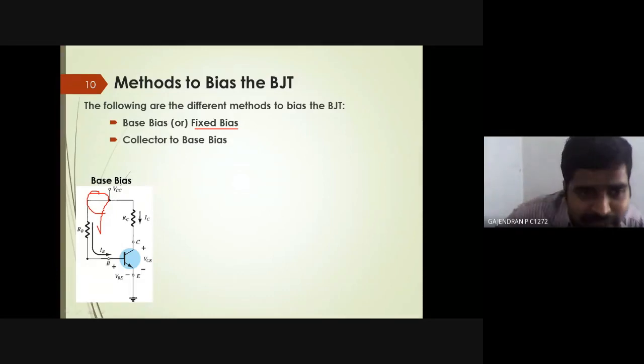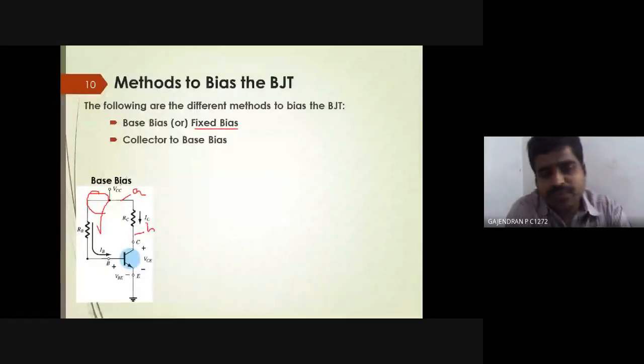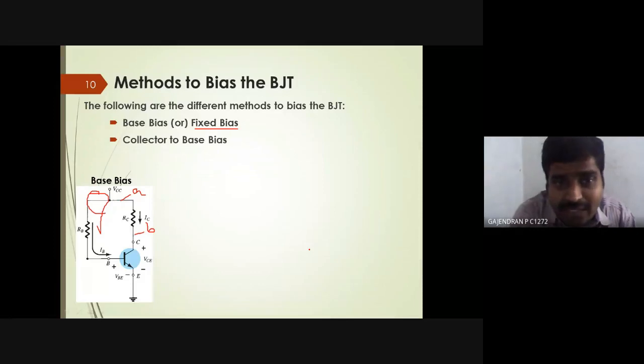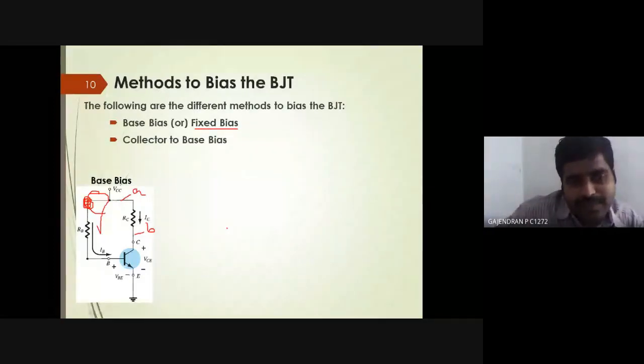Shall I give the terminal names A and B? Since it is named collector to base bias, where will you keep this lead, terminal A or B?